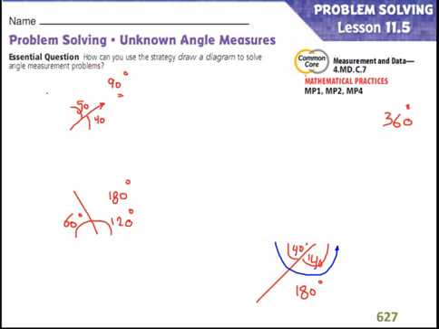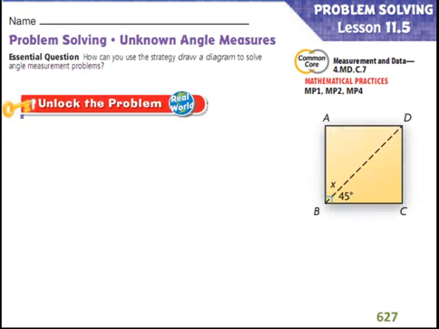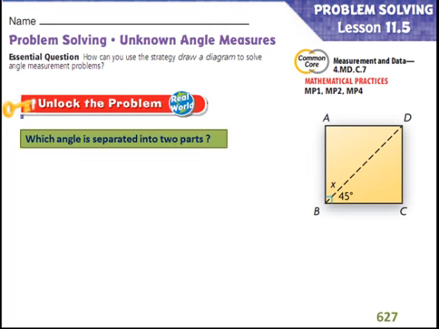Alright, let's start our lesson today: problem solving, unknown angle measures. Let's see the first Unlock the Problem. If you have this polygon ABCD, I want to ask you some questions about it. The first question is, what angle is separated into two parts?